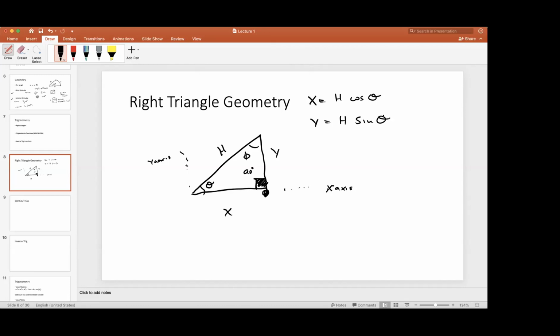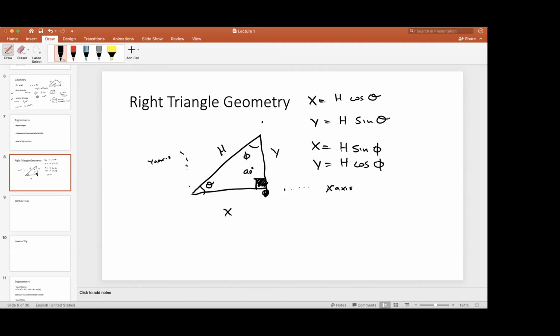That's simple enough, but that is the thing that people have an issue with. However, x is also the hypotenuse times sine of phi. If I were to measure from this angle, x would kind of take the place of y, and y would take the place of x.